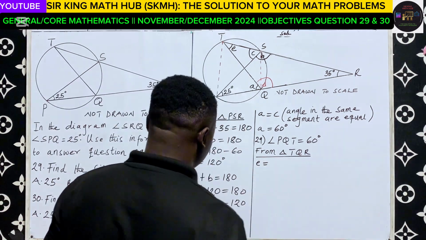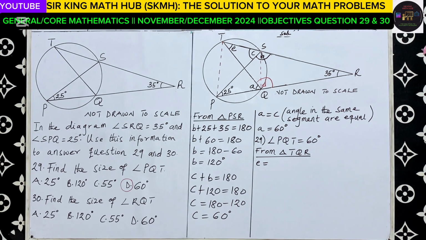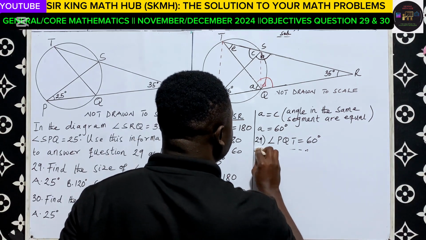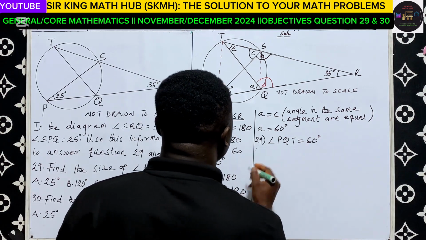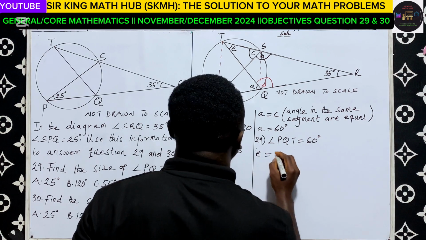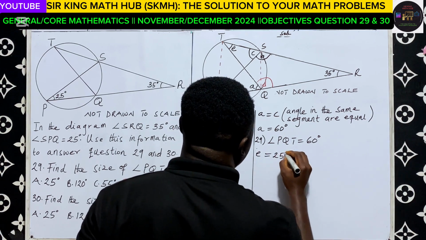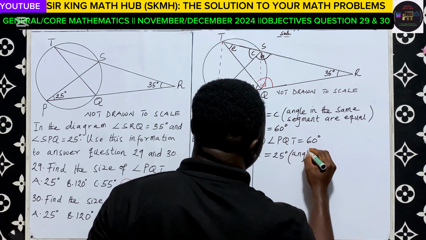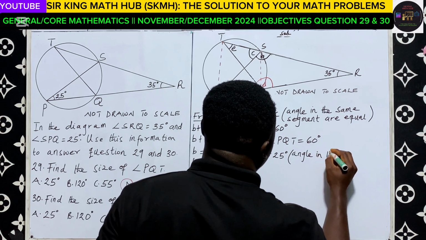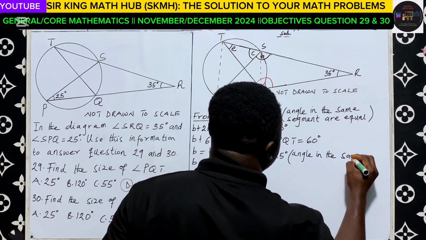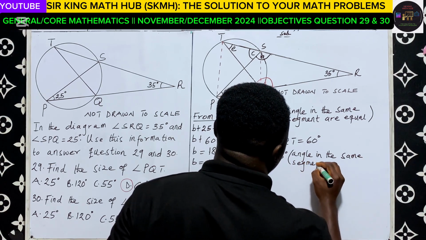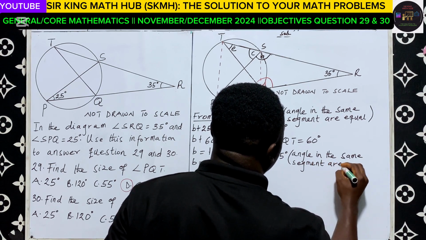So we have E is equal to 25 degrees because of this property: angles in the same segment are equal.